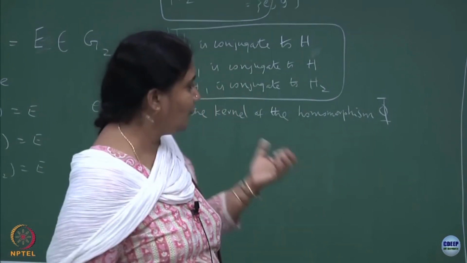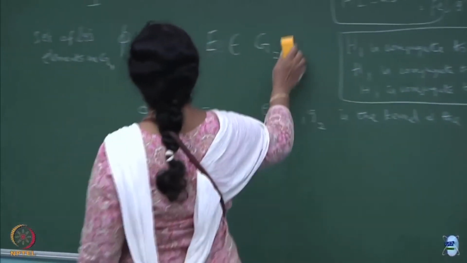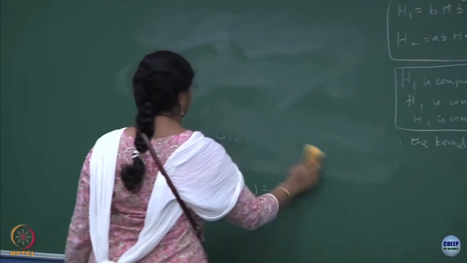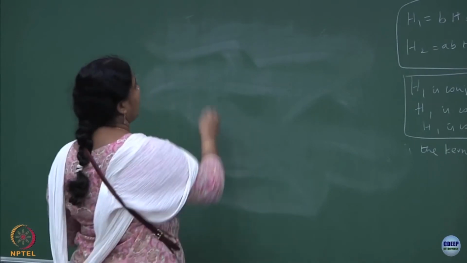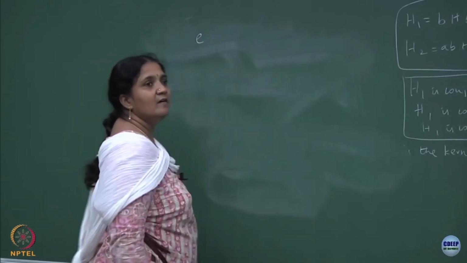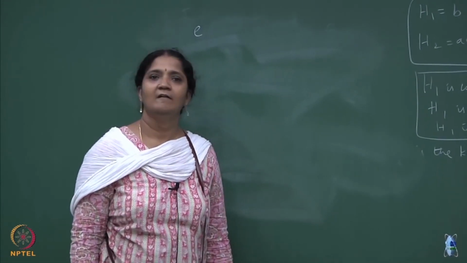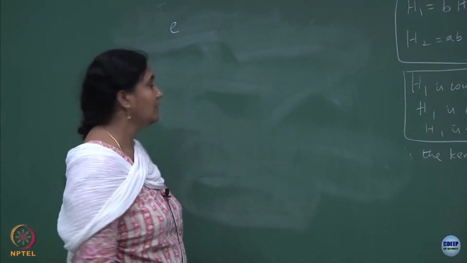Can you do that? Now we have done it already, so it is not very difficult. Can you tell me what the conjugate elements are? We have already shown there that E has any conjugate element? E is self conjugate, okay.